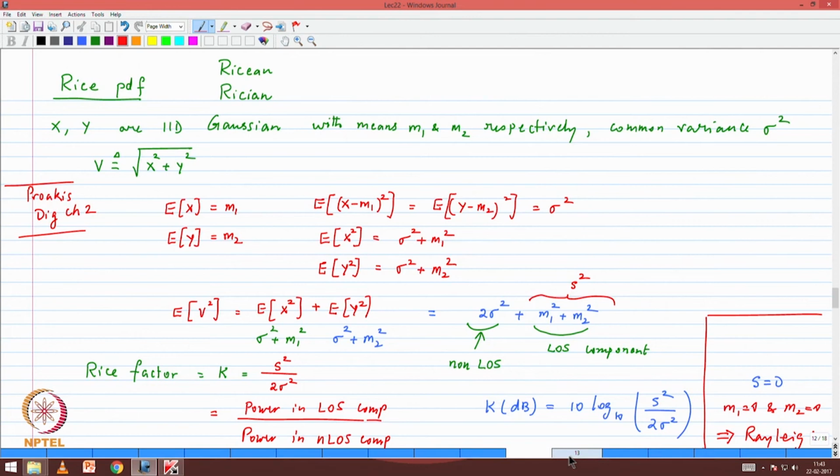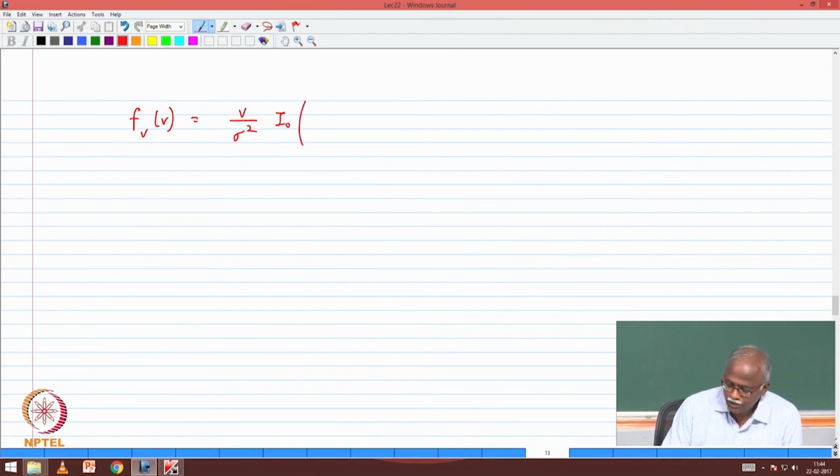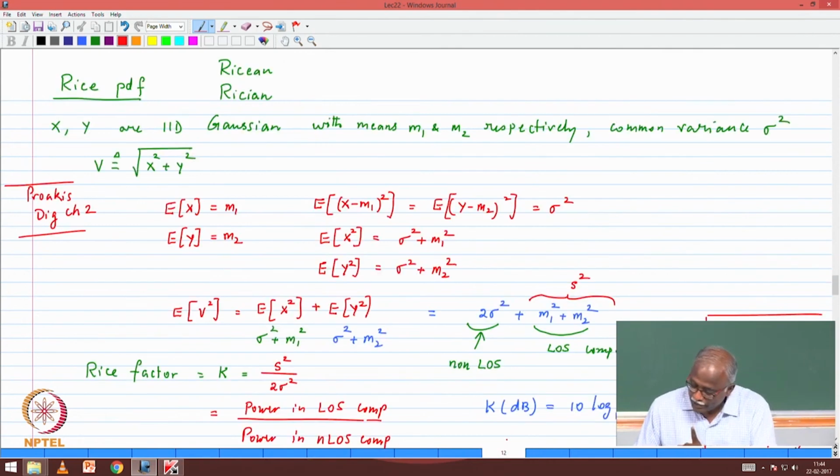If this is the scenario, x comma y are IID Gaussian with means m1 and m2 and common variance sigma squared, and v is equal to the square root of x squared plus y squared. This PDF is given by f v of v equal to v by sigma squared. There is a Bessel function that comes in, I naught, times s, where s squared is equal to m1 squared plus m2 squared.